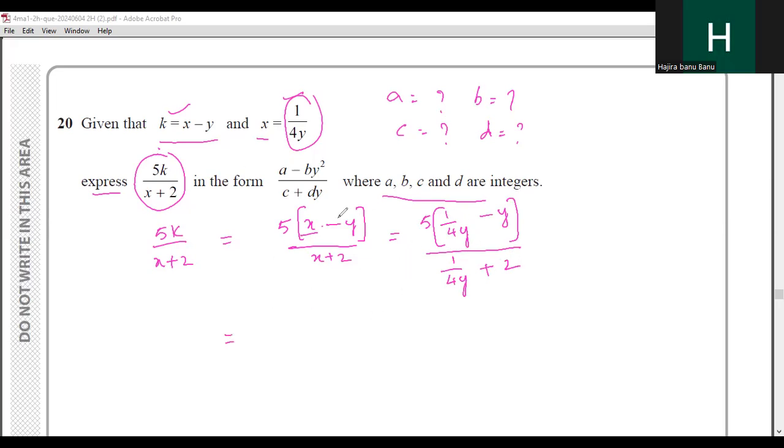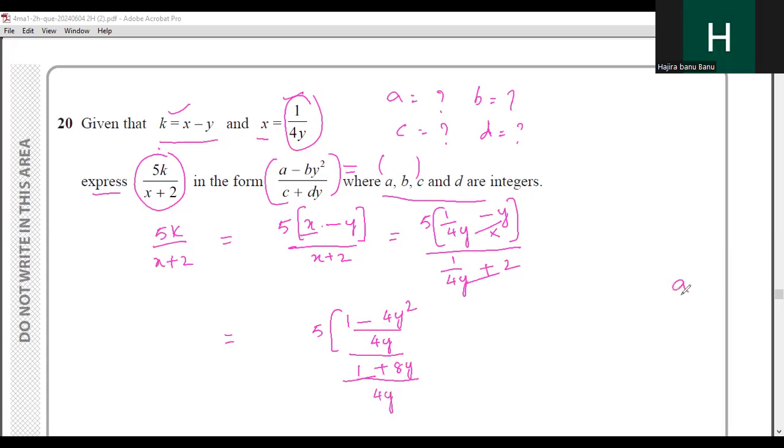Now, after substitution, we have to bring it into this form to compare and then we get the a and b values. So 5 times (1 minus 4y squared) divided by 4y, divided by, again doing the same thing, (1 plus 8y) divided by 4y.